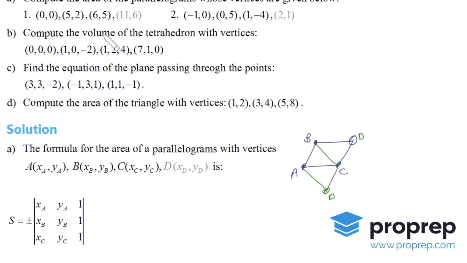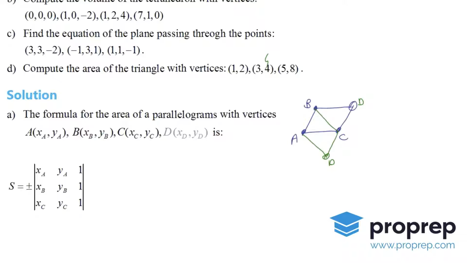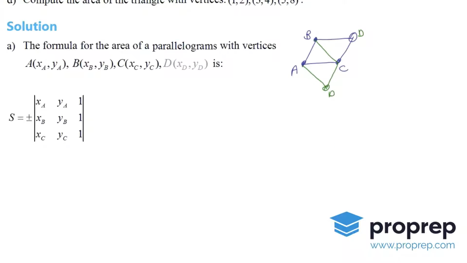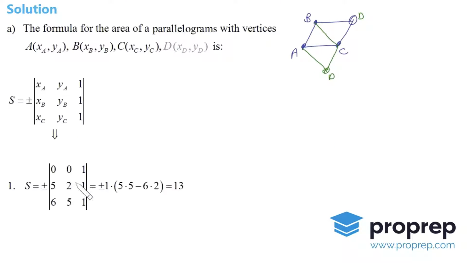Now in our case, I'm first going to substitute 0, 0, 5, 2, 6, 5, and then these three. They're going to disappear off screen, so I should have noted them anyway. Here are the 3 points, and here are all ones. Oh, and I forgot to mention the plus minus.